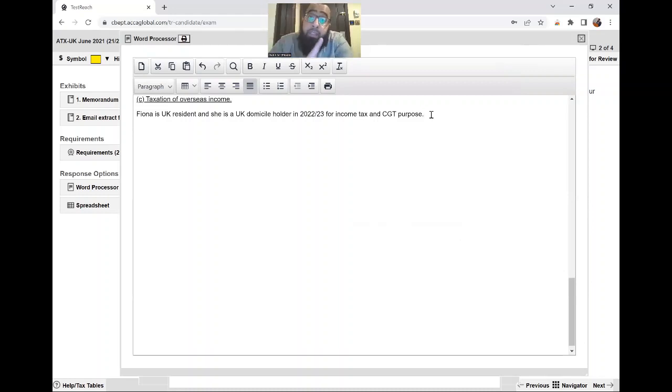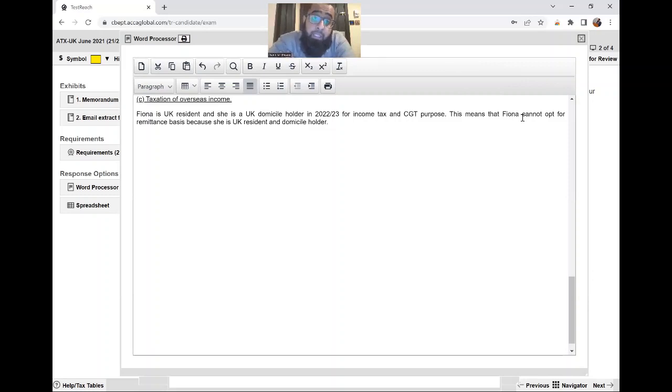If a person is resident and he is also a domicile holder, he cannot opt for remittance basis. This means that Fiona cannot opt for remittance basis, because she is UK resident and domicile holder.